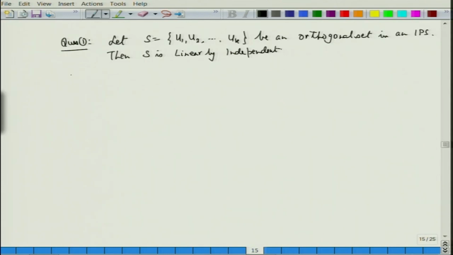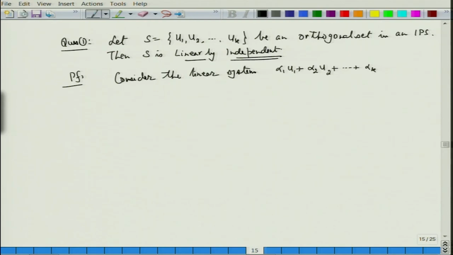Let's try to prove this. Now if I want to prove something is linearly independent or dependent, I need to look at the system of equations. So consider the linear system alpha 1 u1 plus alpha 2 u2 plus up to alpha k uk is equal to 0, in the unknowns alpha 1, alpha 2, up to alpha k.